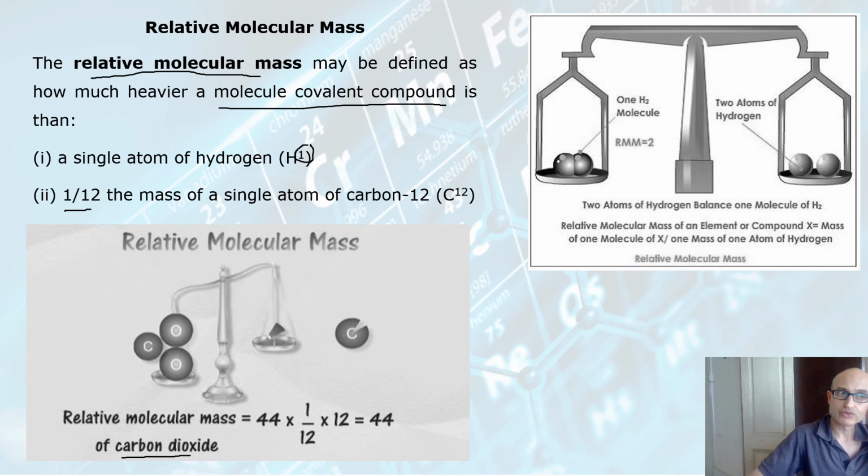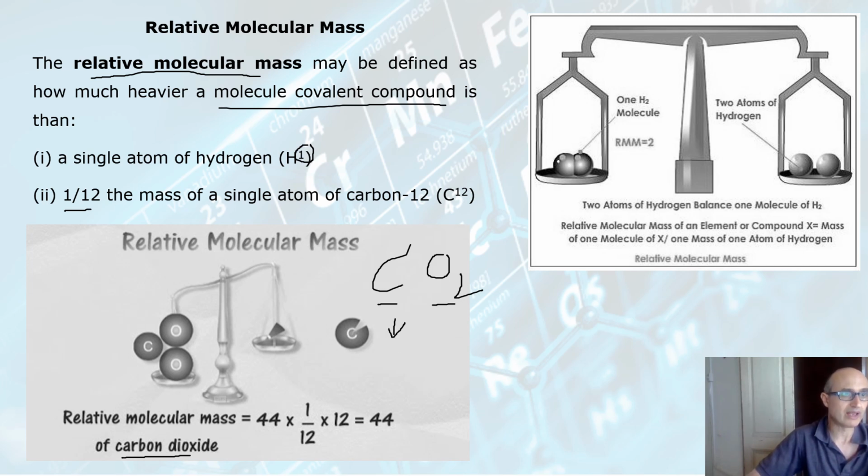If I had to talk about the relative molecular mass of carbon dioxide, first of all it's RMM not RFM, because carbon dioxide exists as simple covalent molecules. Even people who know no chemistry know that carbon dioxide is CO2. So the ratio is 1 atom of carbon to 2 atoms of oxygen. In order to find the relative molecular mass of carbon dioxide, all I have to do is add the RAMs.